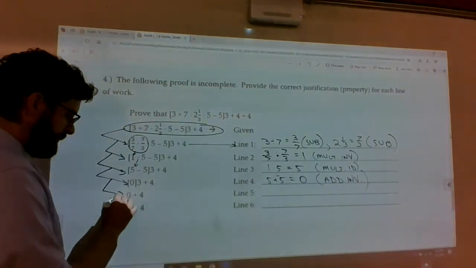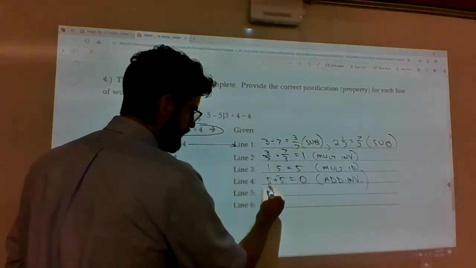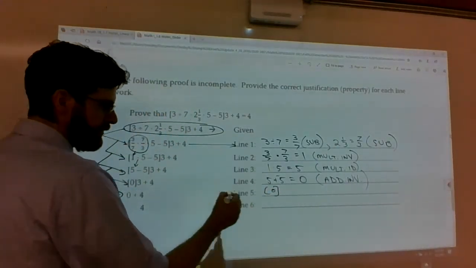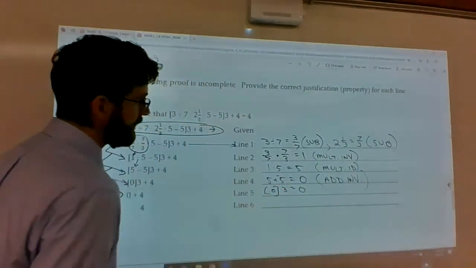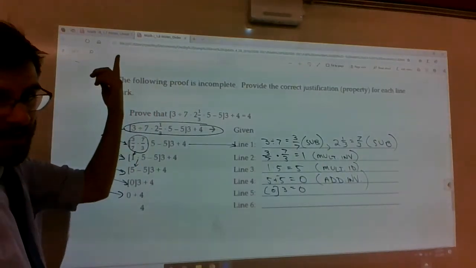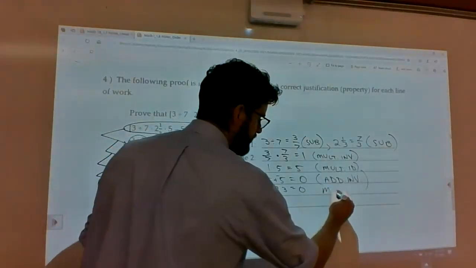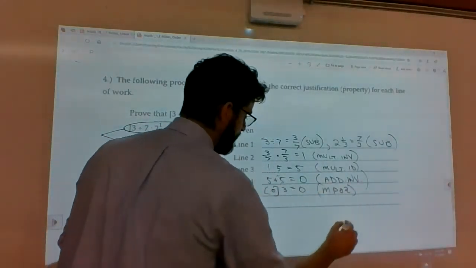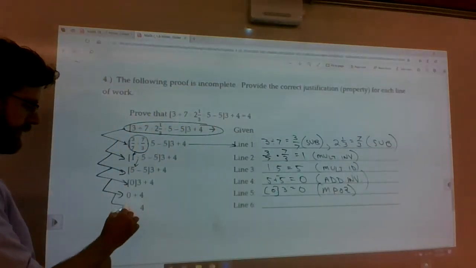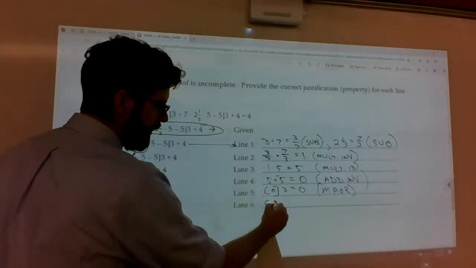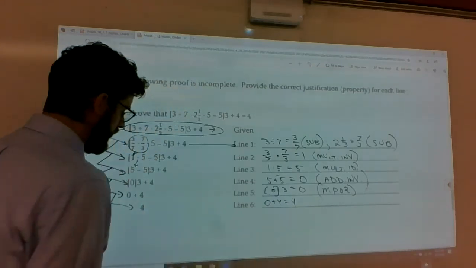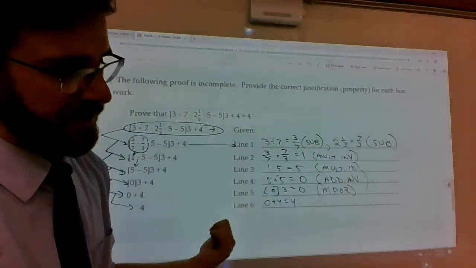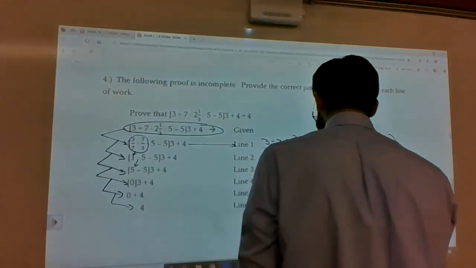All right, 0 times 3 is 0. So bracket 0, 3 equals 0. Again, if you just check out the first proof above us, it's the multiplicative property of 0, and very similarly, 0 plus 4 equals 4 is additive identity, just like the last couple proofs we did.